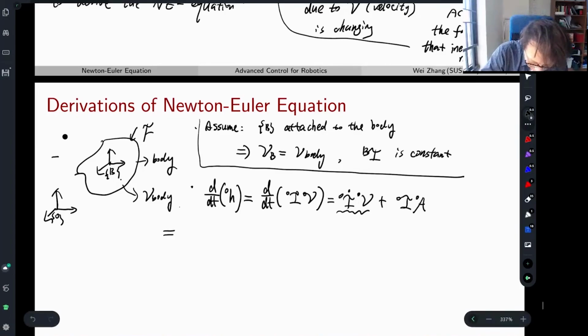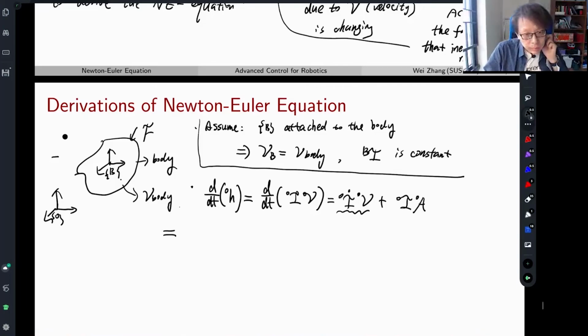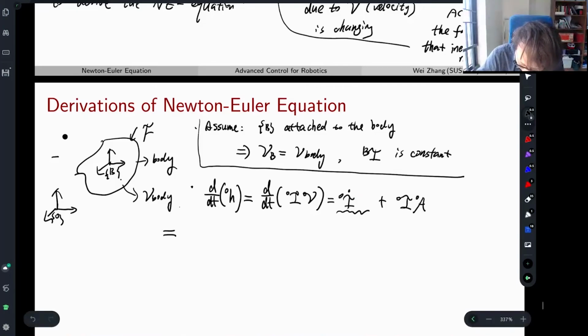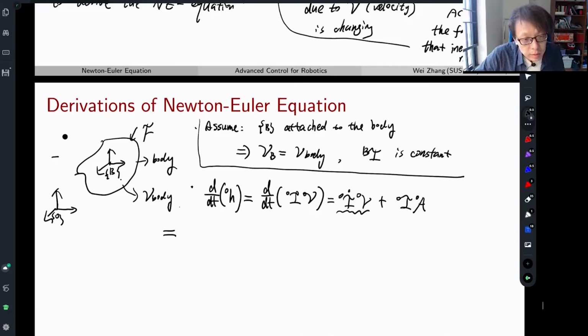Let's make it clear. I know this term may be changing over time. I-O may be changing. Only I-B, since B is rigidly attached to the body, is constant. It only relates to the geometry and mass distribution of the body. I need to relate it to something that doesn't change.